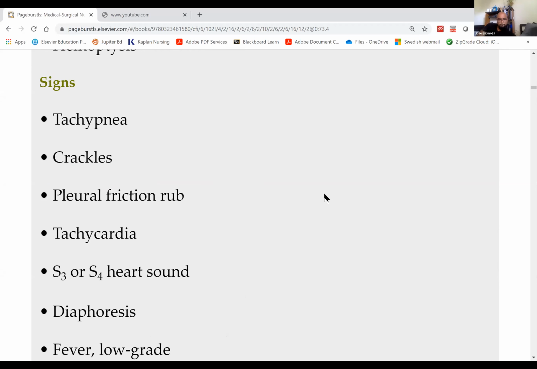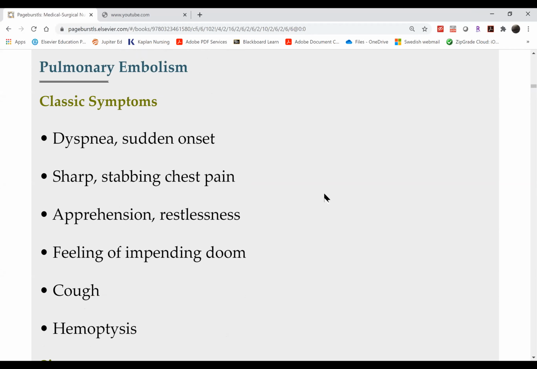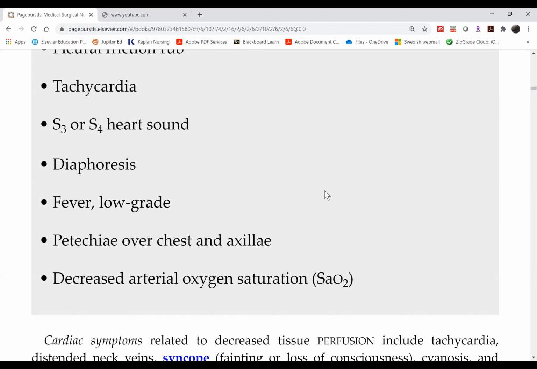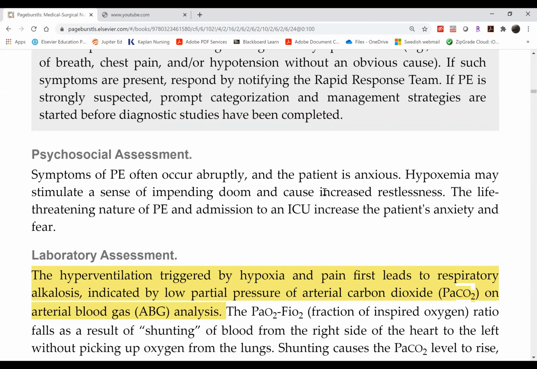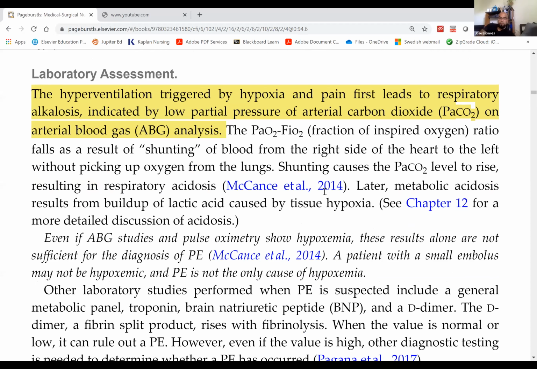Or somebody who's having an acute COPD exacerbation, or someone who has a pneumothorax even. So they're not exclusively found in the PE. Therefore, will you expect the doctor to order only one test? No. So look at the number of tests he's going to order.